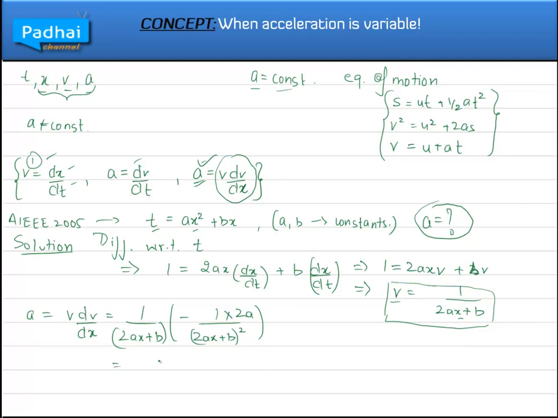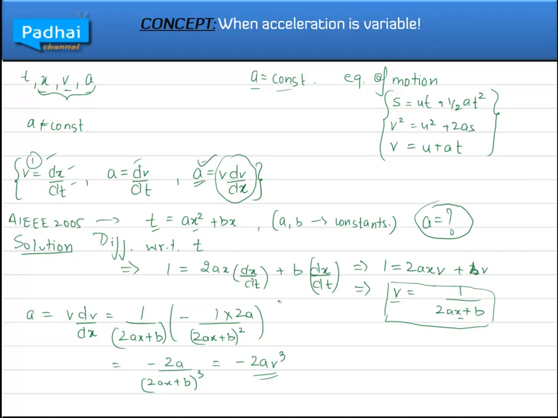So we get minus 2a divided by 2ax plus b whole cube. And we know that 1 upon 2ax plus b is v. So this will be minus 2a v cube. So this was there in the option.